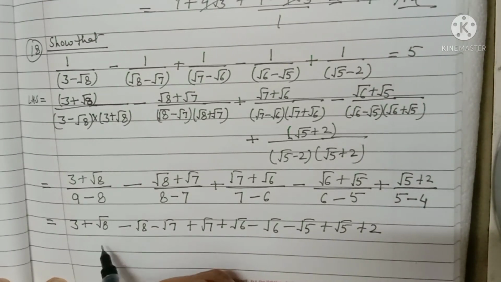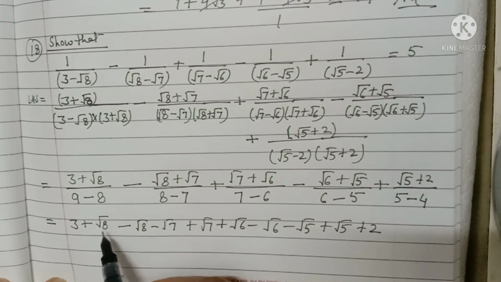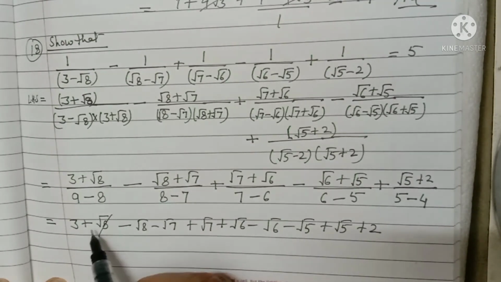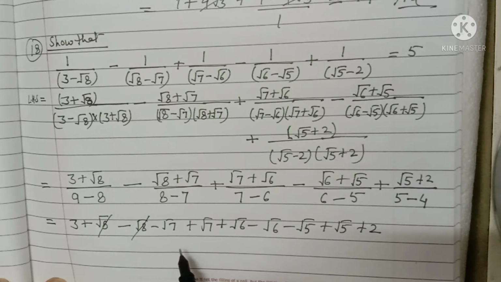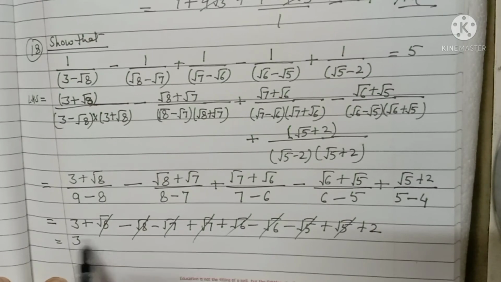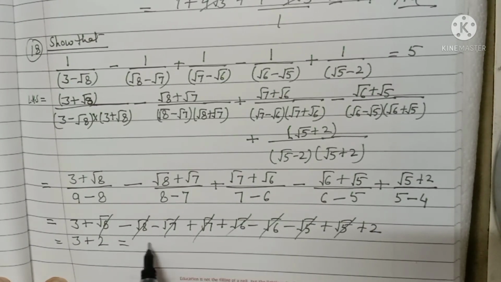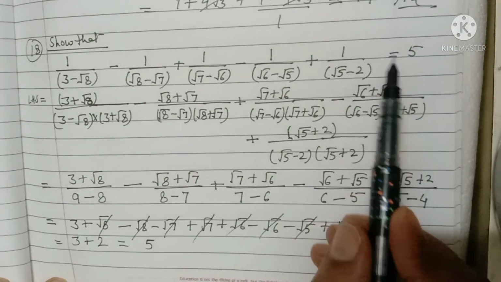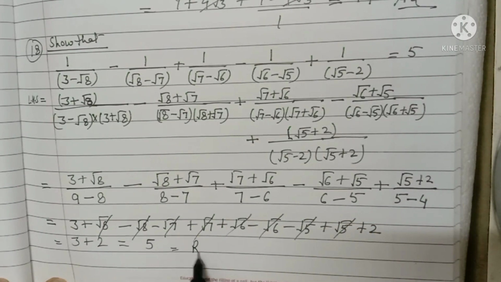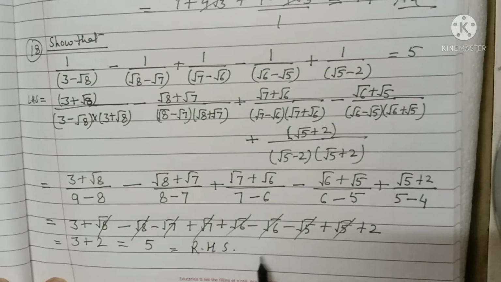Now cut the opposite numbers of root 8 minus root 8 minus root 7 plus root 6 minus root 6 minus root 5 plus root 5. You will get only 3 plus 2. 3 plus 2 which is equal to 5, and which is the which side? Right hand side. This thing is equal to right hand side. Proved.